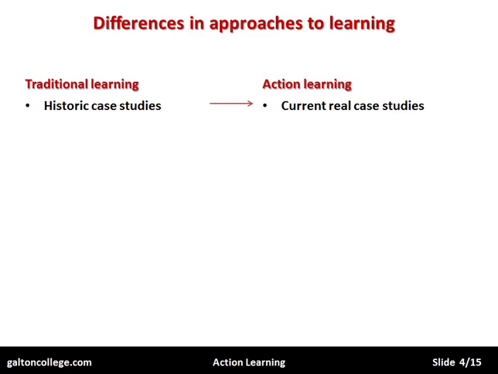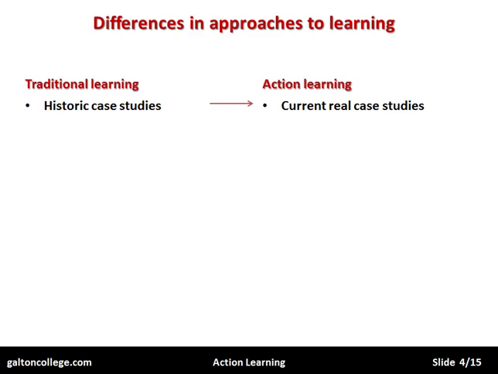Whereas with action learning, we are involved. We are dealing with the situation. It's a current, real situation, and we're dealing with it to try and find a solution. So we are learning by doing. We're learning by being involved now. There is nothing handed down to us to give us instructions about this.